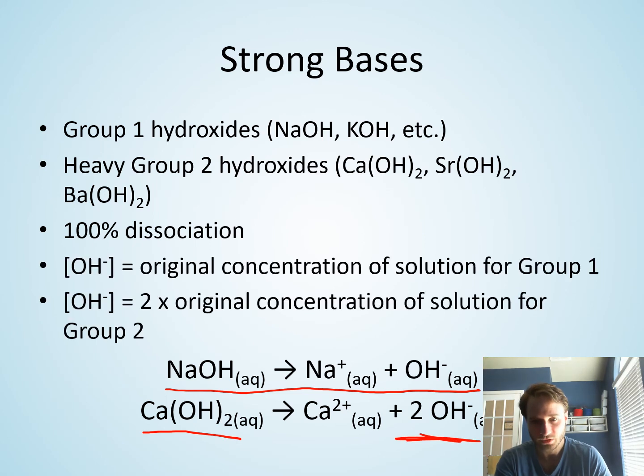So for the group 1s, the concentration of OH- is equal to the concentration of the sodium hydroxide, but for calcium hydroxide, the concentration of OH- is 2 times the concentration of calcium hydroxide. So if I have 1 molar calcium hydroxide, that means I have 2 molar hydroxide ions.